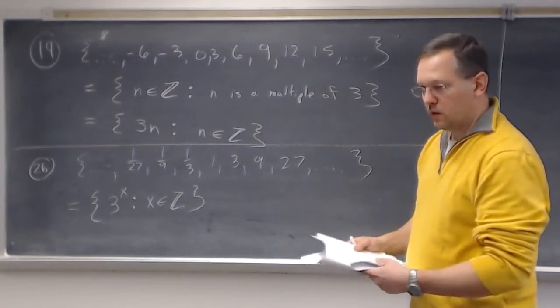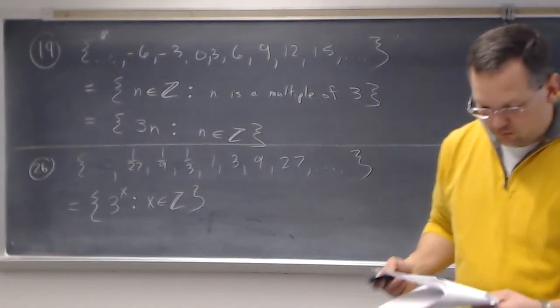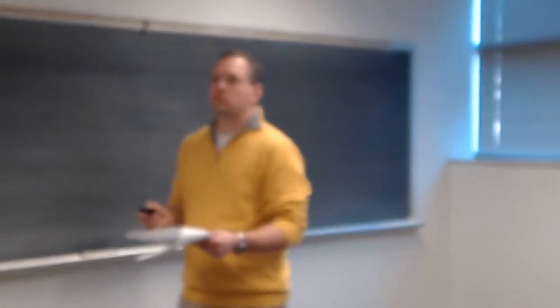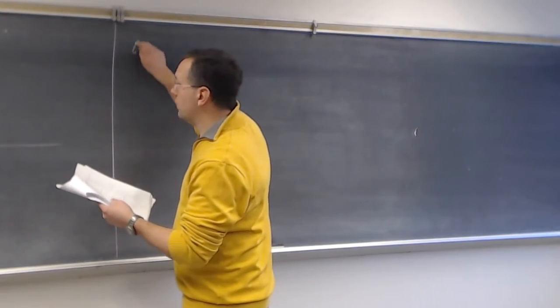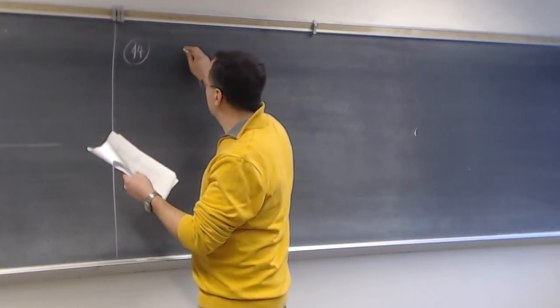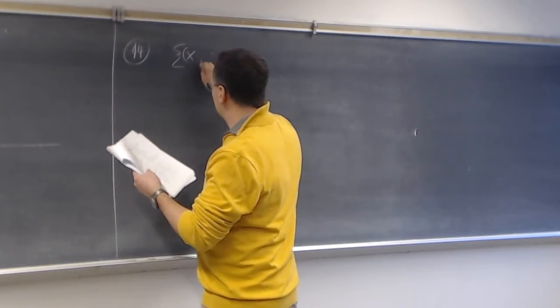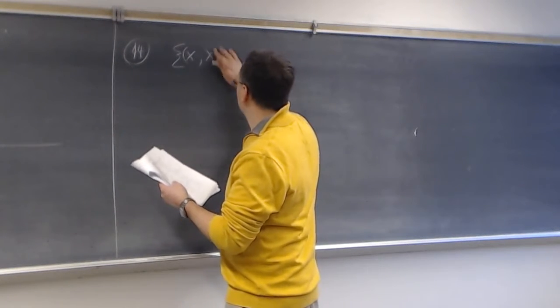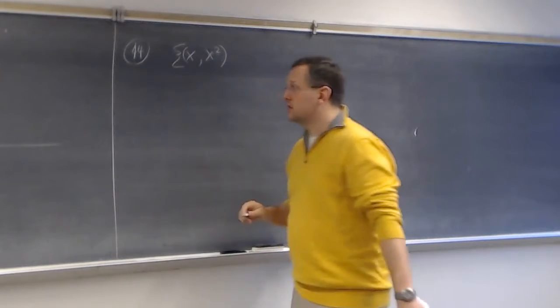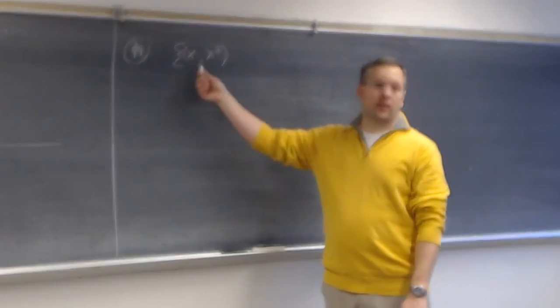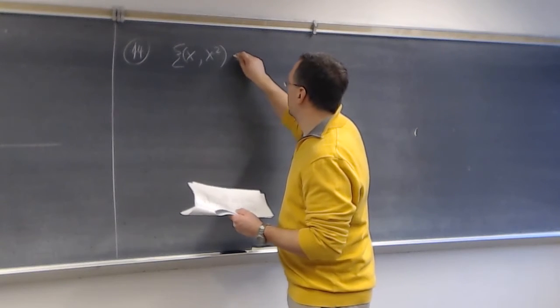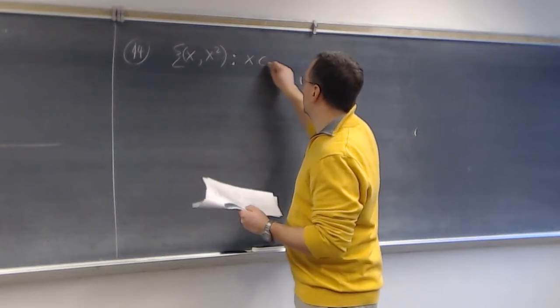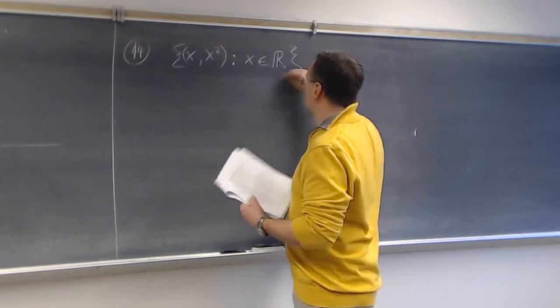How about problem number 44 in 1.1. The set has elements that look like this: parentheses x comma x squared, such that x is a real number.